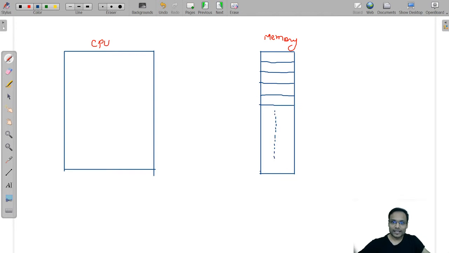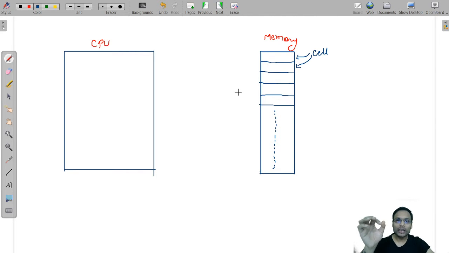We call this smallest part a cell. Why do we call it a cell? Because this is the smallest part of memory which can be uniquely accessed.